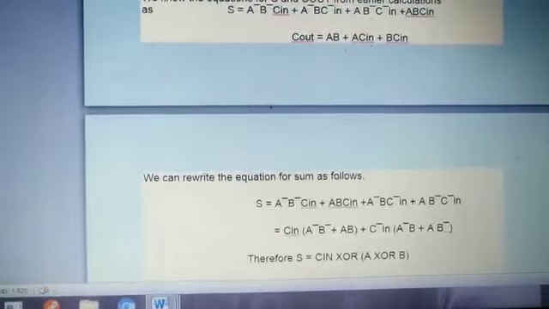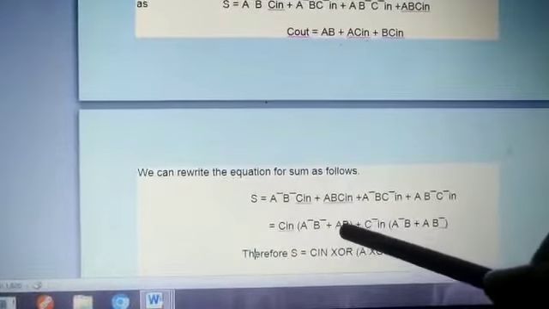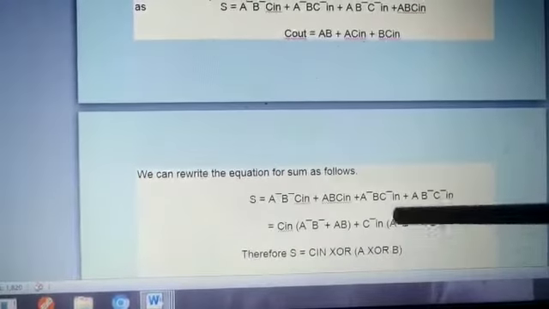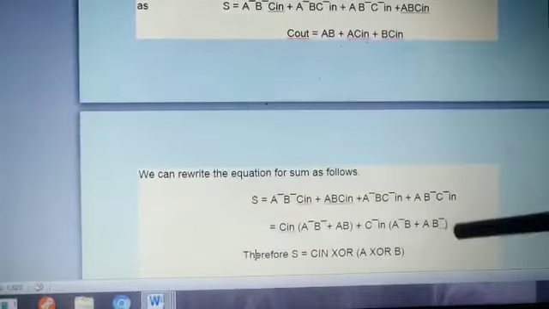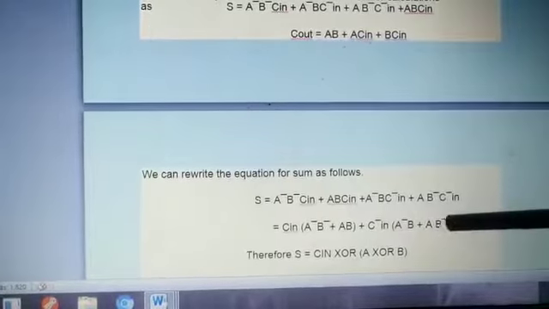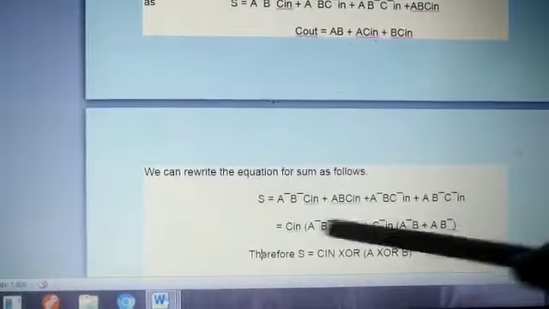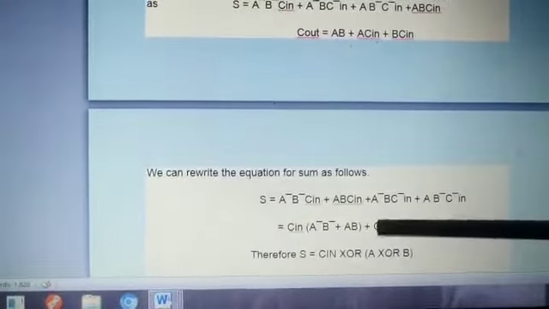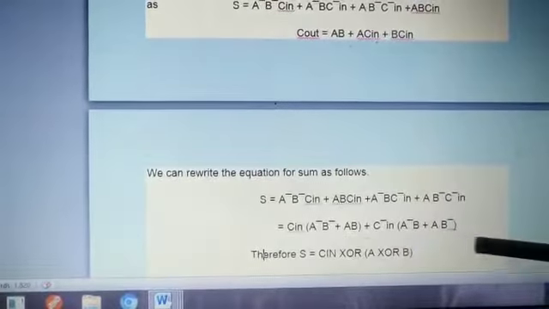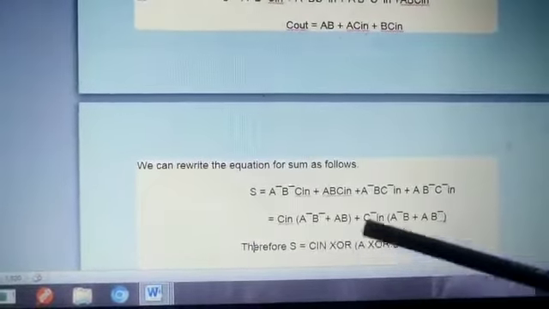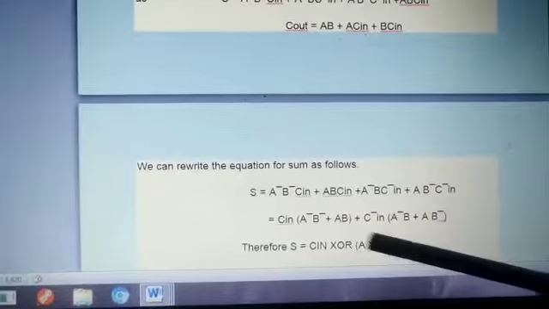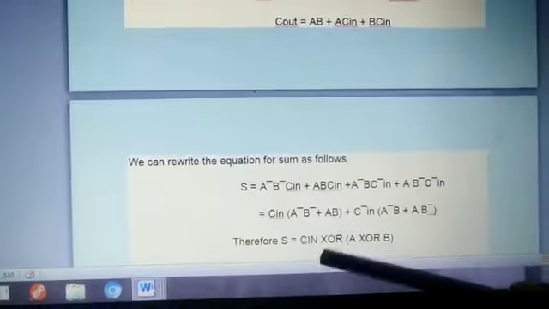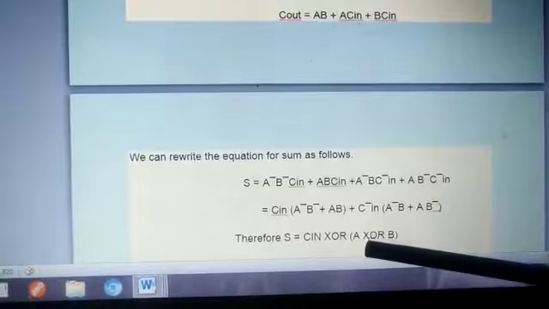So it is C in times (A bar B bar plus AB), plus C bar in times (A bar B plus AB bar). A bar B plus AB bar is the expression for the XOR gate. Again this expression leads to the XOR gate expression. That is why this combines as A XOR B, and the whole thing is taken as an XOR gate implementation. That is why it is C in XOR A XOR B.